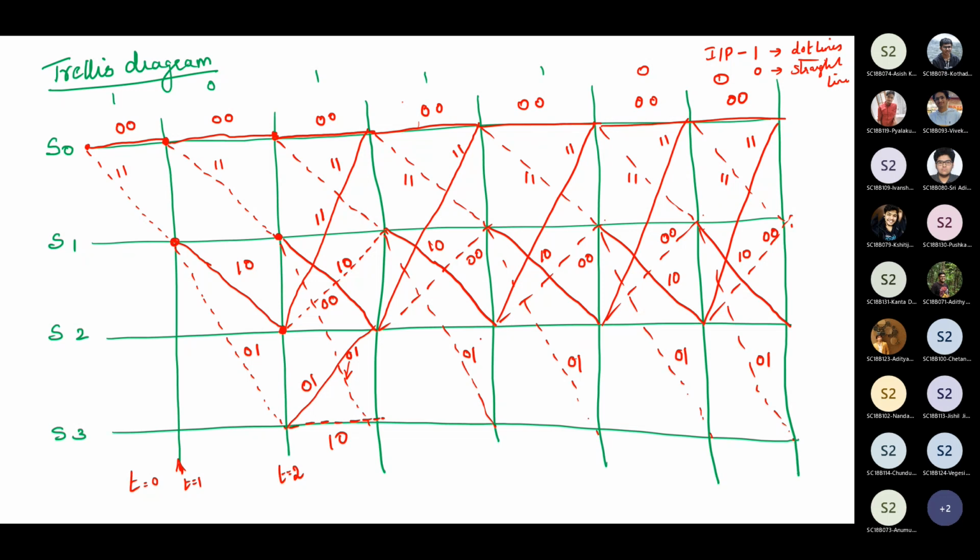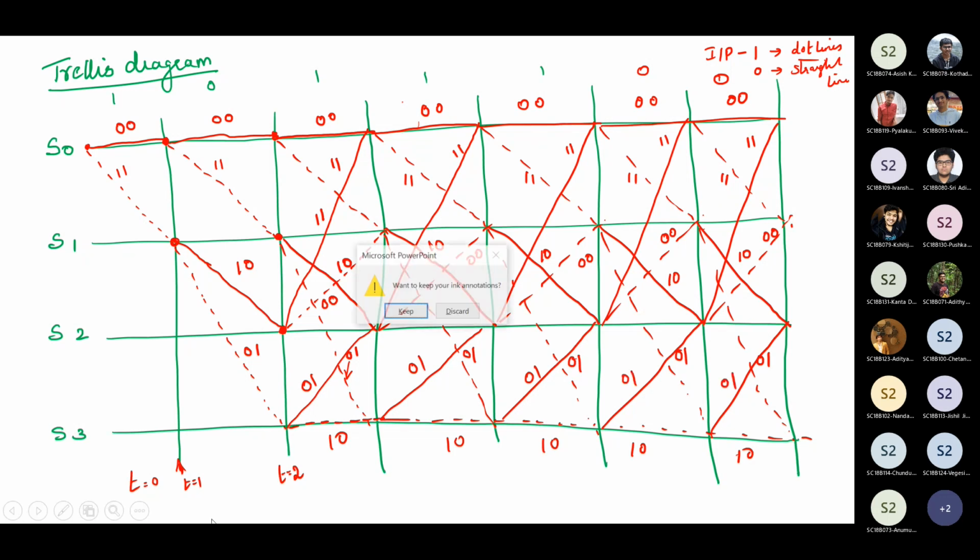The last one is a dotted line, and all these values are 1, 0. From here to here a solid line, with 0, 1. So this completes the drawing of the trellis diagram.